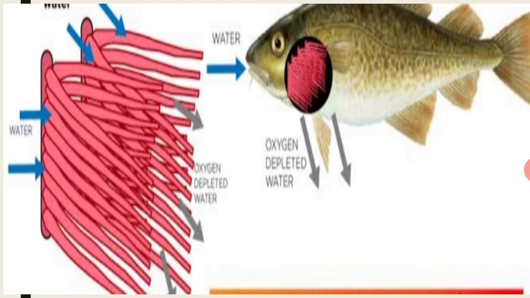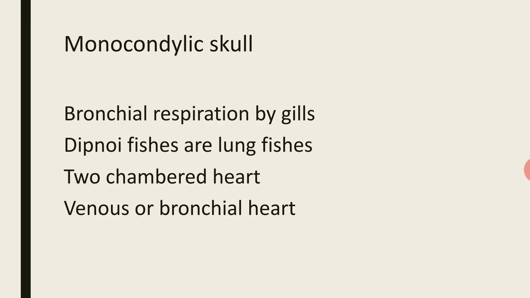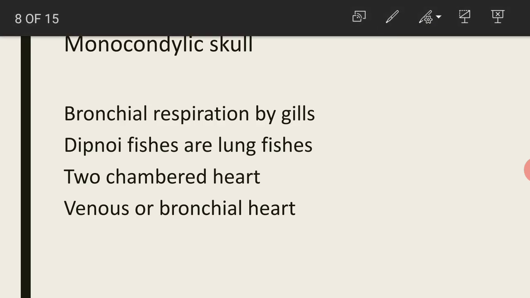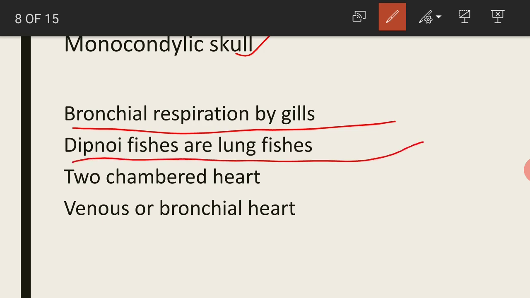And here you can see the comb-like gills which can absorb the oxygen that is dissolved in the water. Skull is monocondylic skull. That means it contains a single occipital condyle. Branchial respiration occurs by gills. Dipnoid fishes are the only fishes which contain lungs as respiratory organs. Dipnoid fishes are represented by only 3 genera, and they exhibit discontinuous distribution.